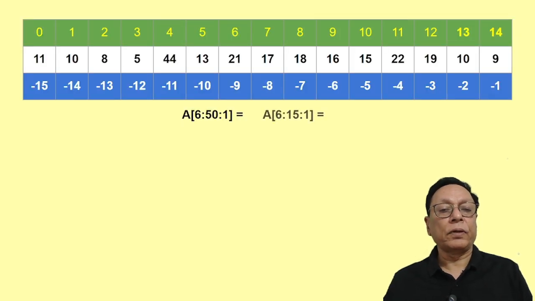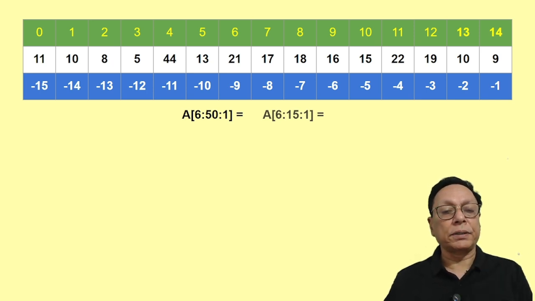Now next example, 6 to 50 and step positive, means left to right. You will have to start from index number 6 and will have to move till 50. So 50 is not part of this list, so we'll have to move till the end of the list, and the step is positive, so left to right we'll have to move.